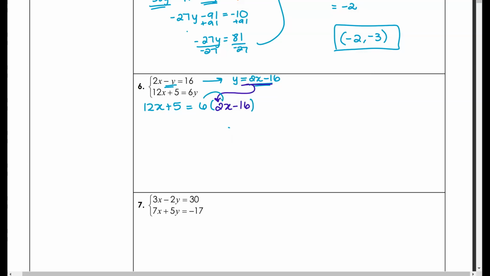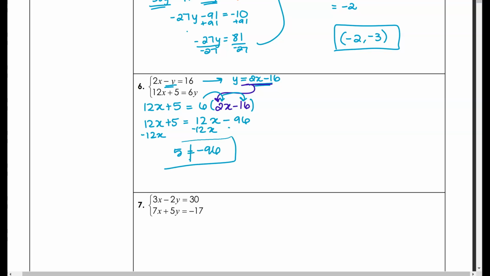We're going to distribute the 6 to both of these, so we're going to end up with 12x plus 5 equals 12x minus 96. But now notice I'm going to go ahead and subtract 12x from both sides, and I end up with 5 equals negative 96.